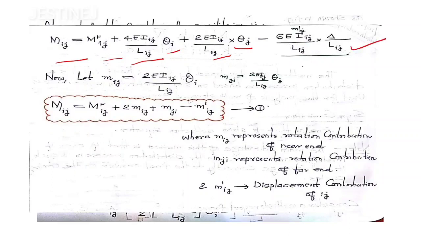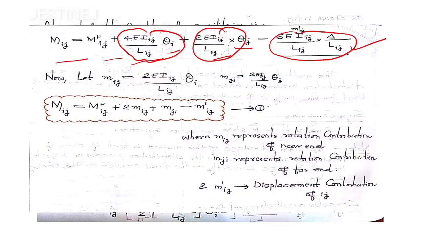After that, you can represent these terms in this format: M of ij will be equal to 2EIij by Lij multiplied by theta i, taking 2 out of the 4.